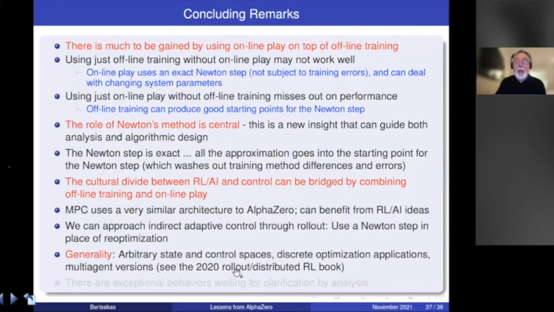And a lot of this is in my 2020 book, the details of that. Finally, there are exceptional behaviors all over the place once you get away from the benign discounted case. And there's a lot of room for clarification by mathematical analysis and computational experimentation.